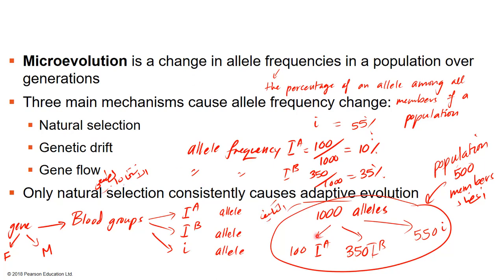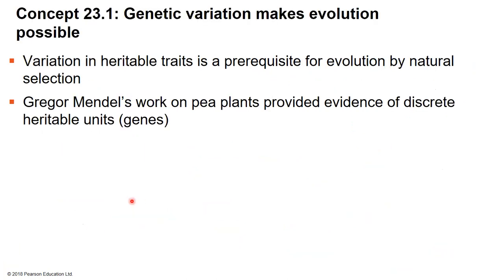So one mechanism by which allele frequencies change is natural selection. Now, natural selection requires genetic variation to exist within the population, okay?